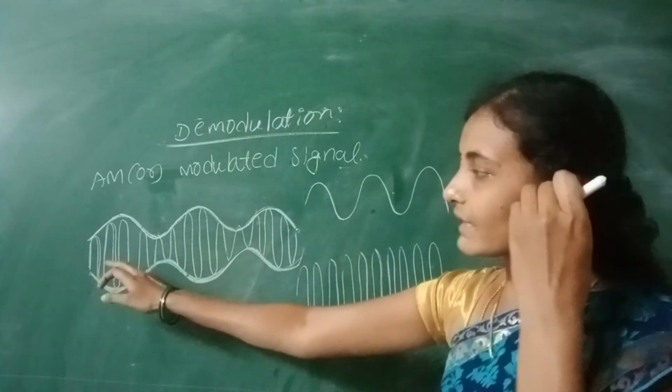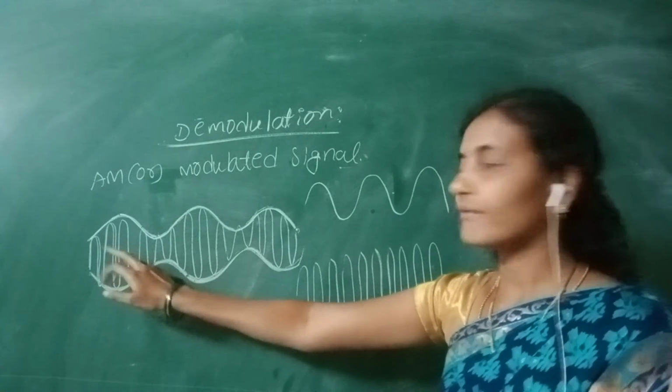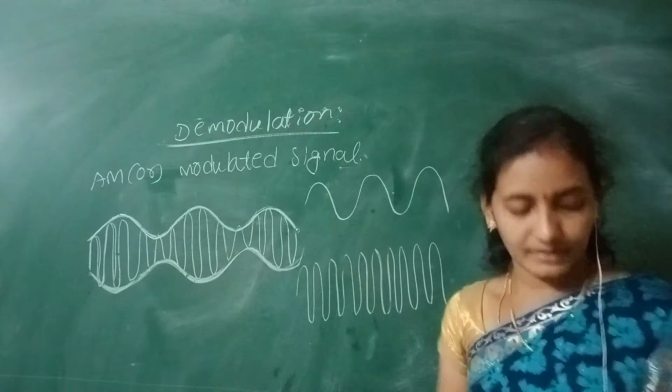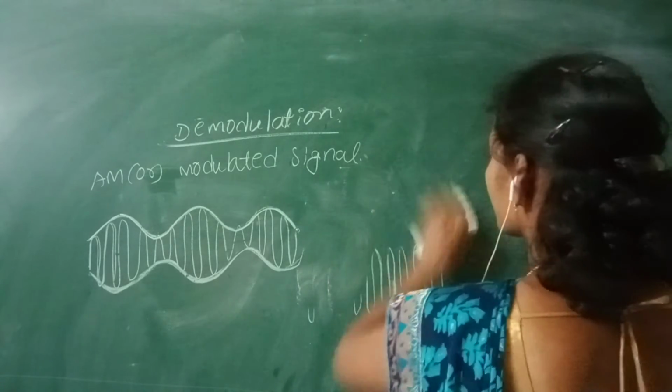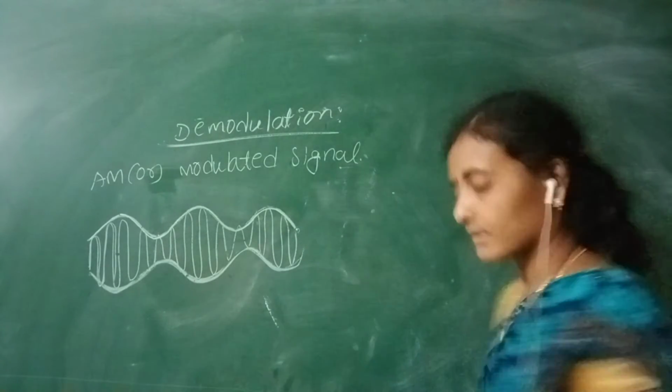Here the carrier signal amplitude is varying according to the message signal. So this is the signal representation of amplitude modulation.